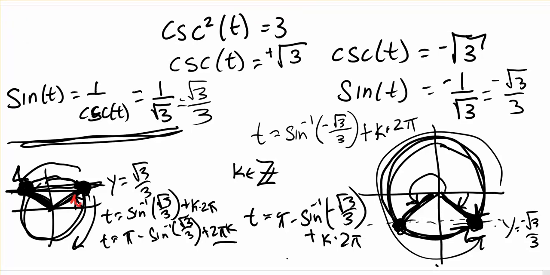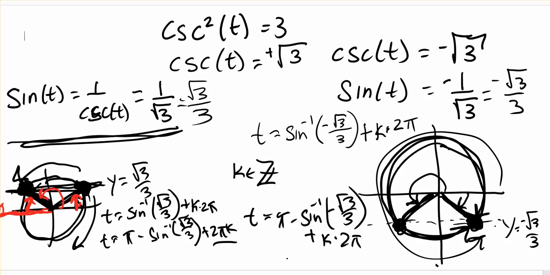This small angle is the inverse sine of the square root of 3 over 3. And this angle right here is also the inverse sine of the square root of 3 over 3. So if this all the way to here is pi, then pi minus the inverse sine of the square root of 3 over 3 will take you right to here.